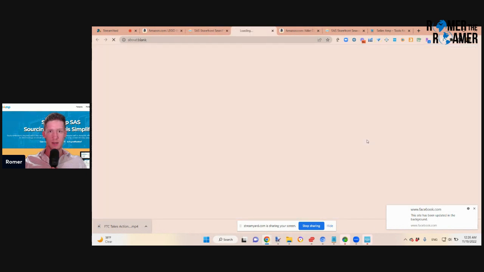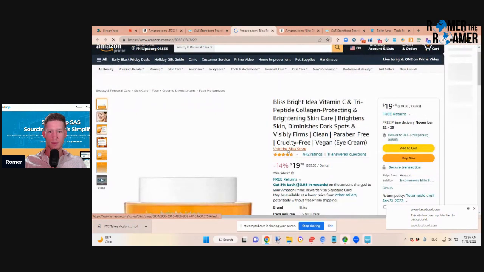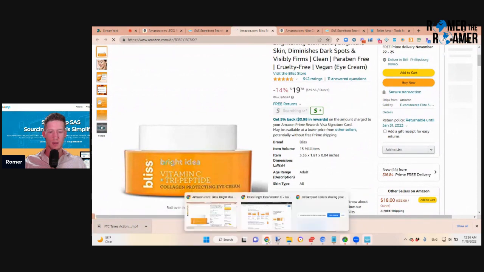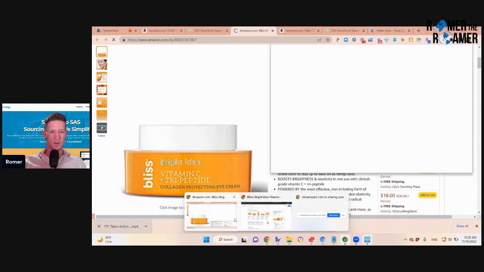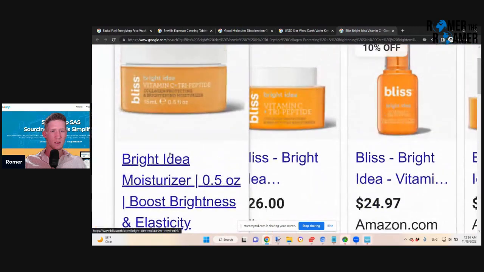We'll have to open this one up. So it looks like there's some good prices that we saw. 15 milliliters. Does it tell you the ounces? Okay, so we can pick this up.